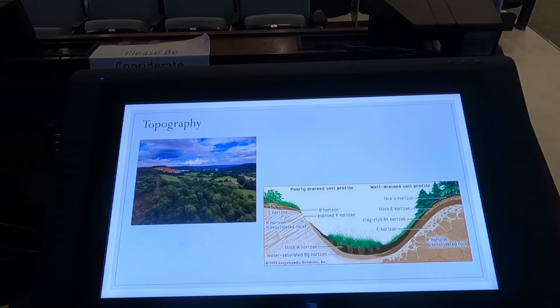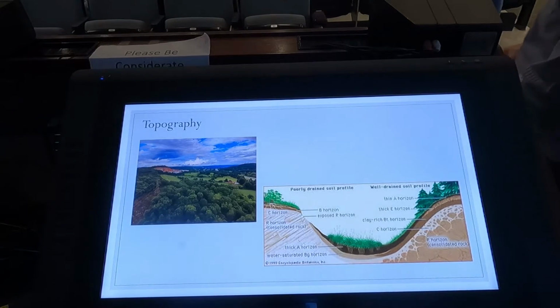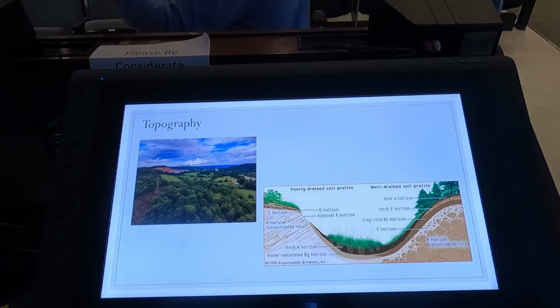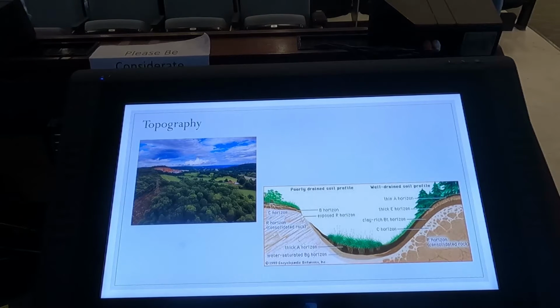And then finally, topography. So again, back to our first picture, that you see the large cliff. That soil was broken away, deposited in the bottom of that valley, and then began to become a life source for trees and grasses and plants and animals as well.